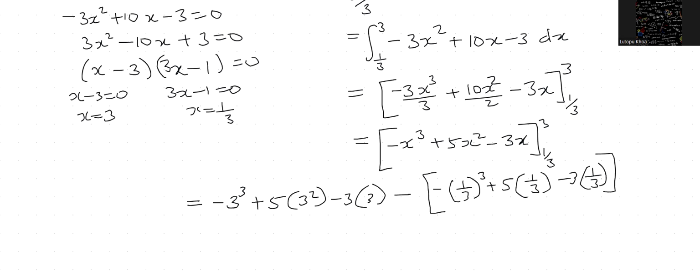Okay, so this you do on your calculator. Okay, so you should get 226 over 27, which is 8.370. Okay, so leave your answer to the stated decimal places.